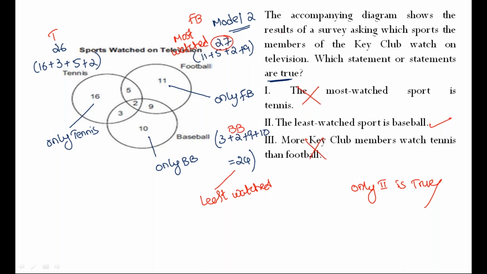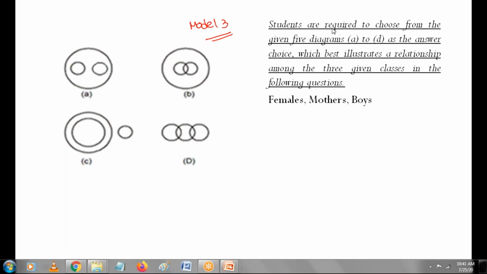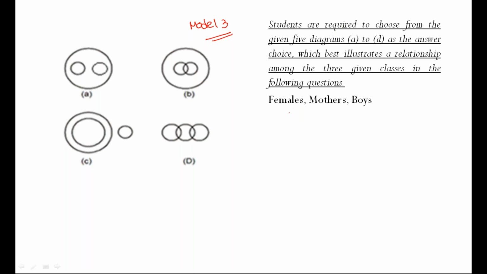Let's see the next one, guys. This is model 3, important for your government jobs. I'll discuss just one question, because this is not asked in placements, but you should know. There are 3 words.